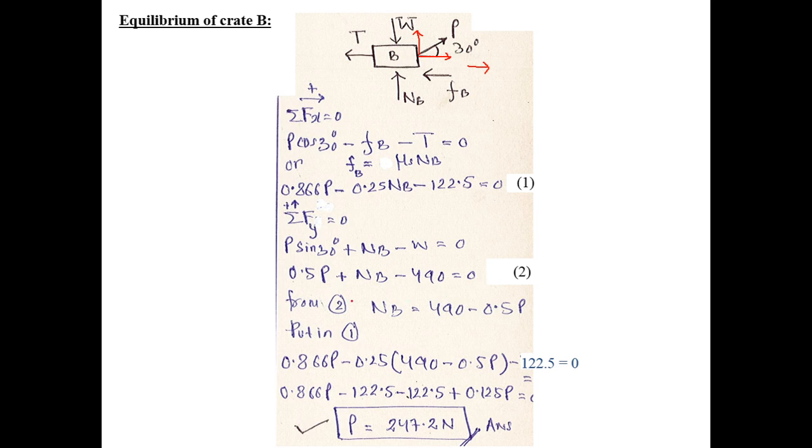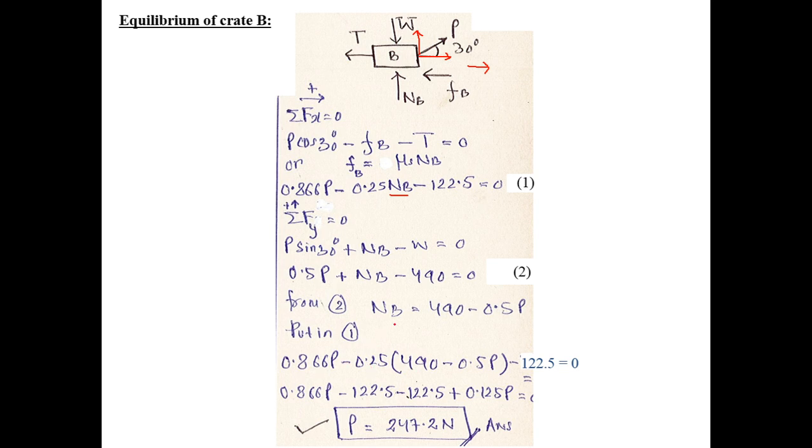So from equation number 2 you can find the value of NB, which is 490 minus 0.5 times P, and put this value of NB in equation 1. Then you will have equation 1 in terms of only one unknown, that is P. So this is what exactly I have done here.